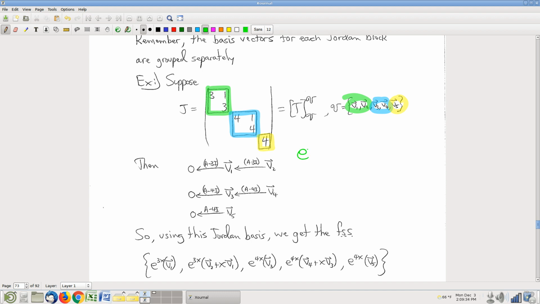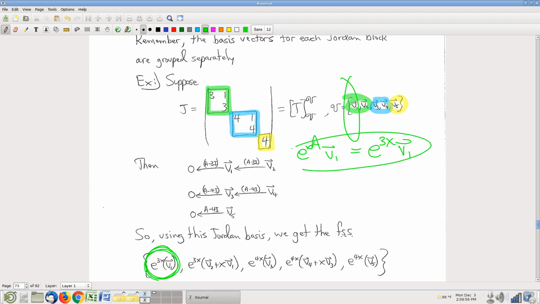What is the matrix exponential times V1? Well, V1, conveniently, is an eigenvector. That's a column that doesn't have anything off the diagonal, so this is an easy one. This is e^{3x} V1. That's the first one.